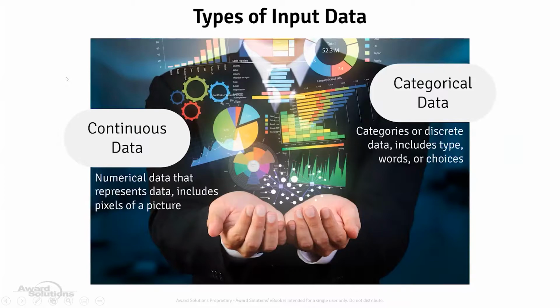So when we think about data, there's two basic types of data. And again, this is really an oversimplification. We have continuous data, which is really more numerical data. Something that is a continuous number thing. So maybe it's going to be pixels in a picture. Maybe it's going to be house prices. Maybe it's going to be stock prices.